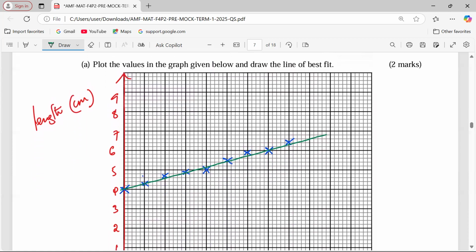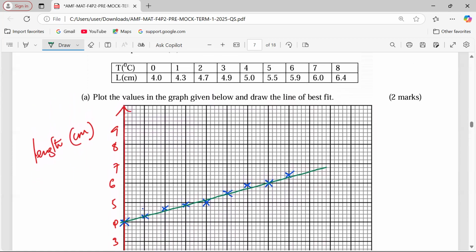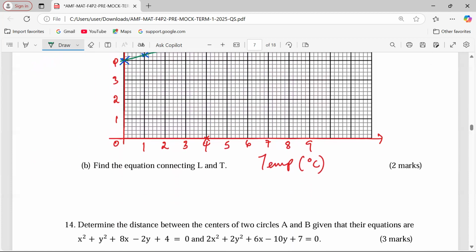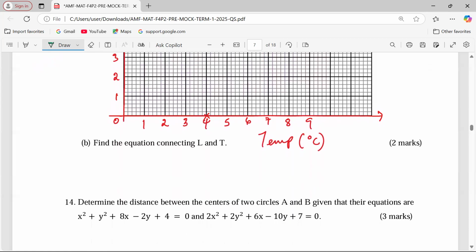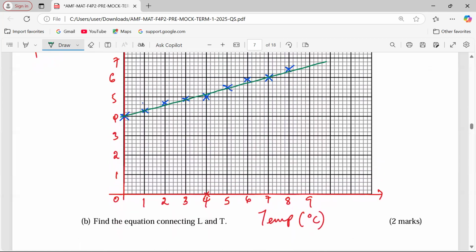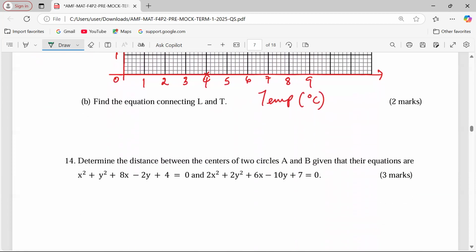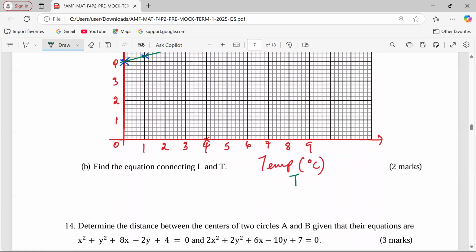Now with a line of best fit, we can proceed to respond to the next question. Find the equation connecting L and T. L is the length, T is the temperature.